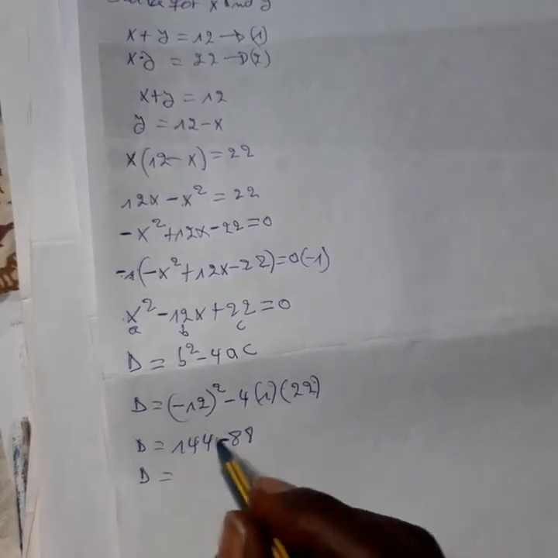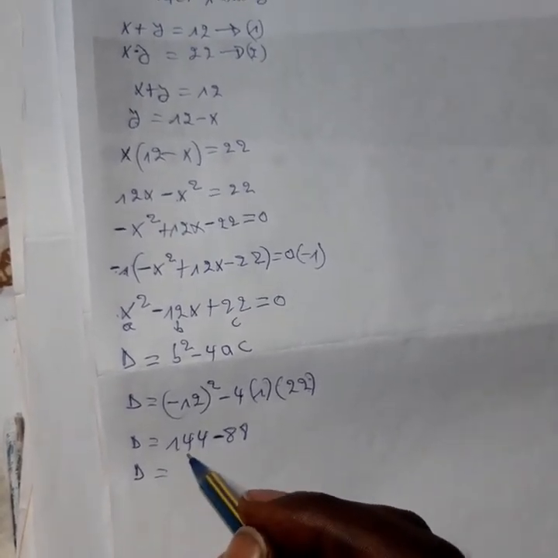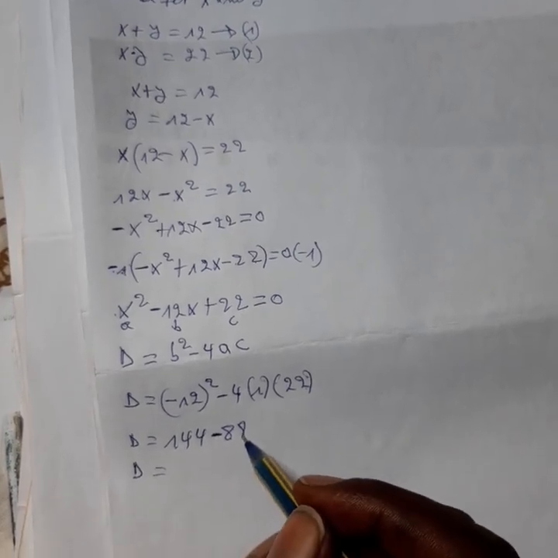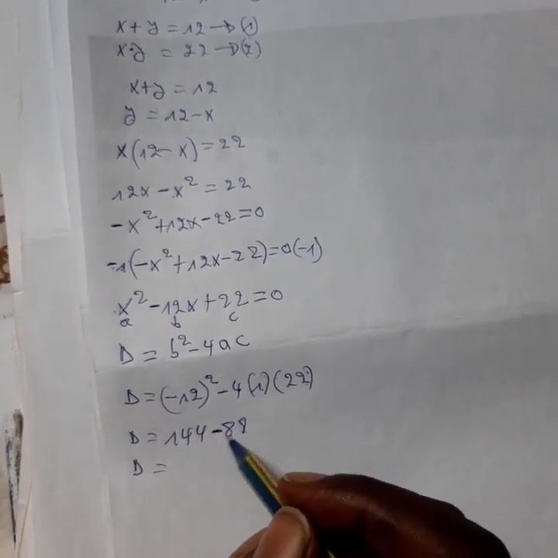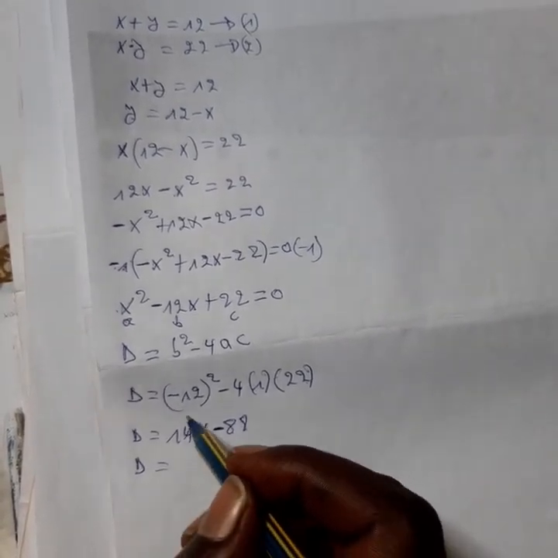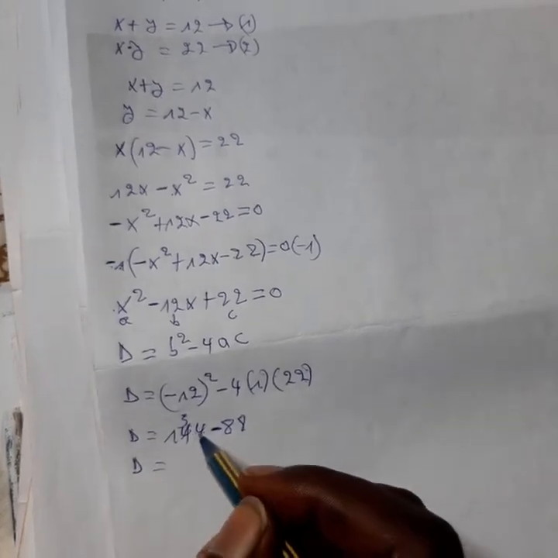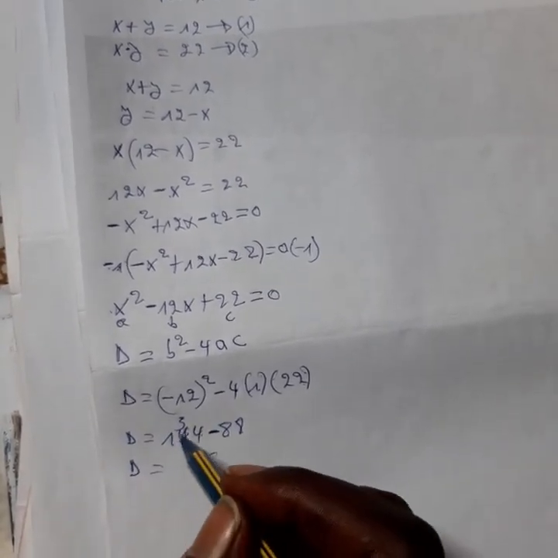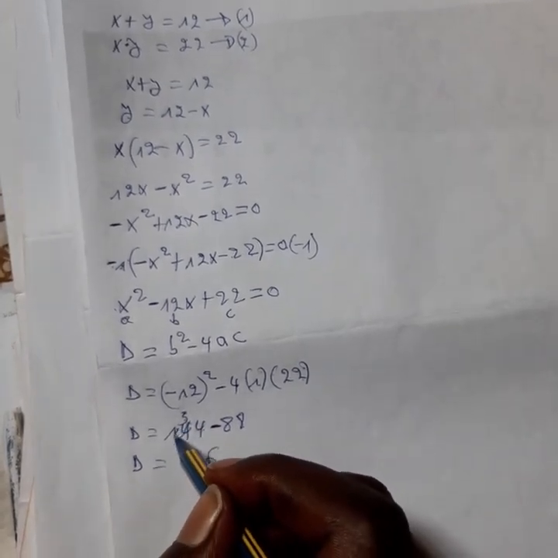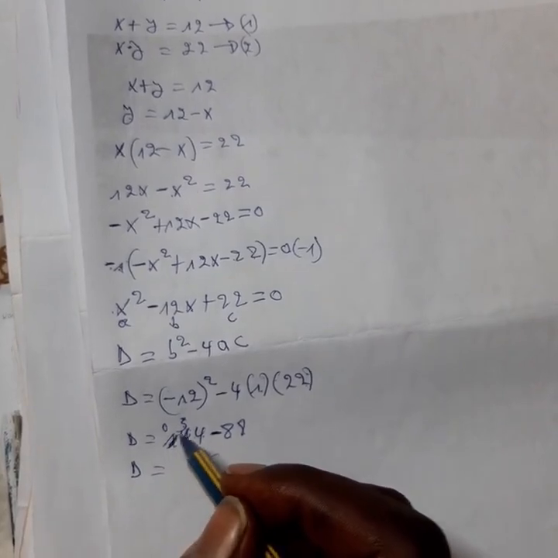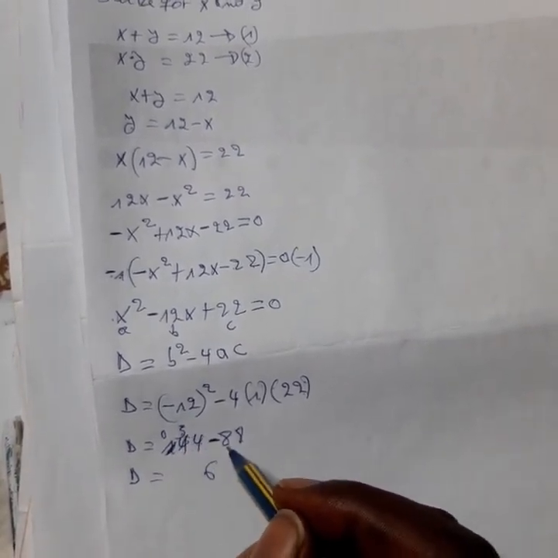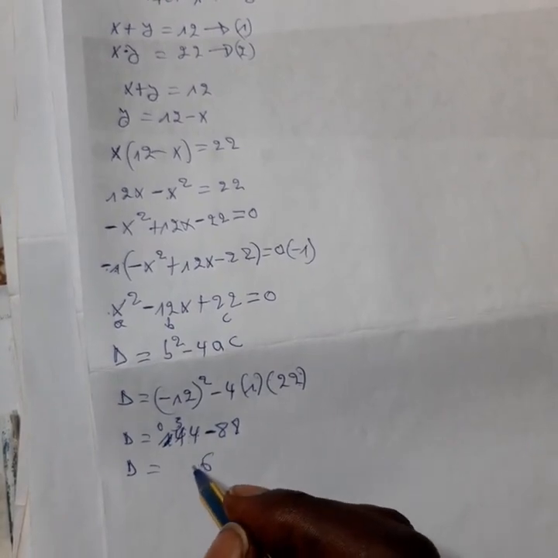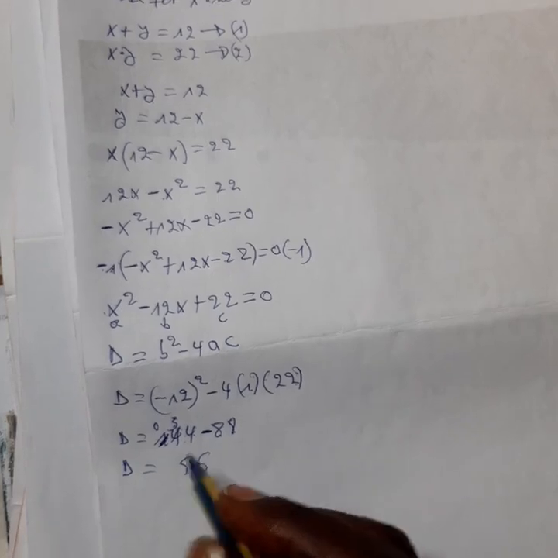Then d will be equal to 144 minus 88. Working through the subtraction, we get 56.